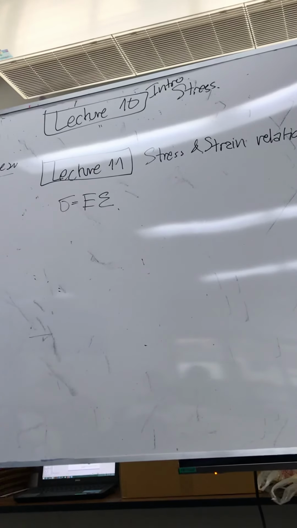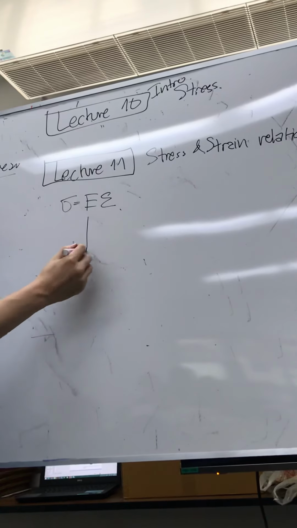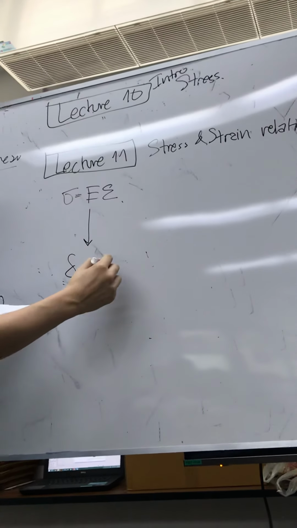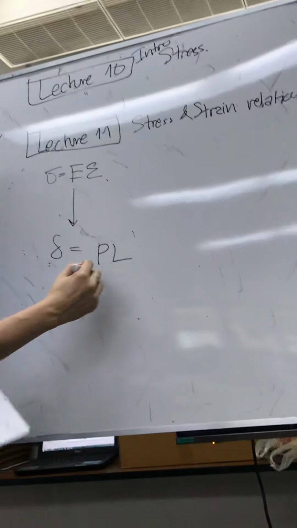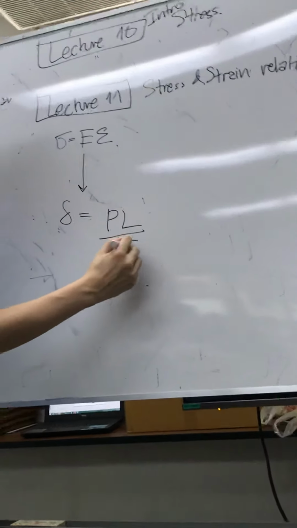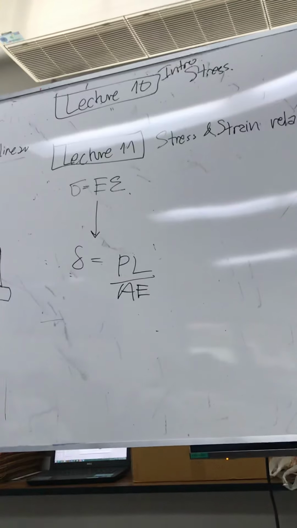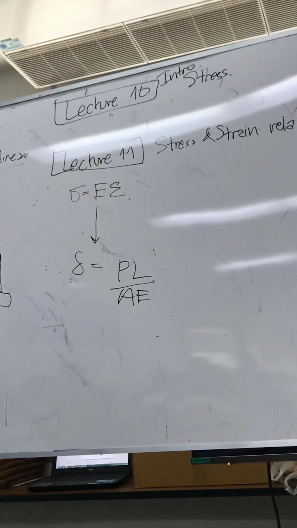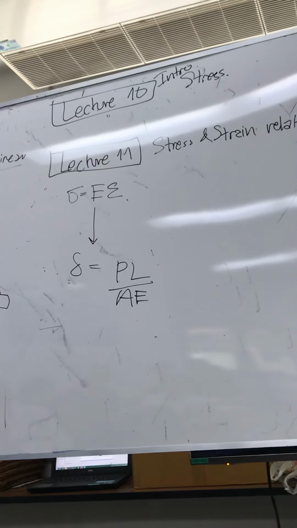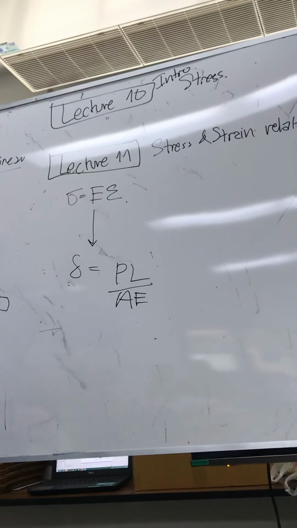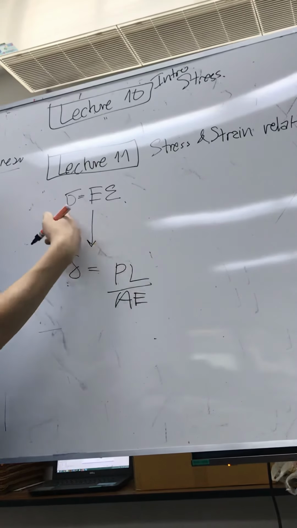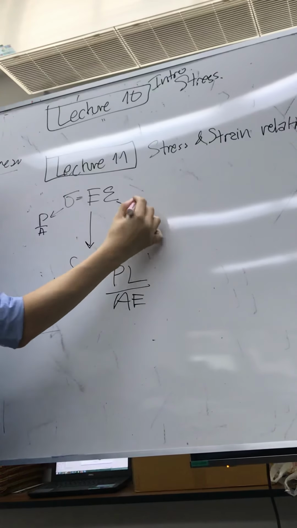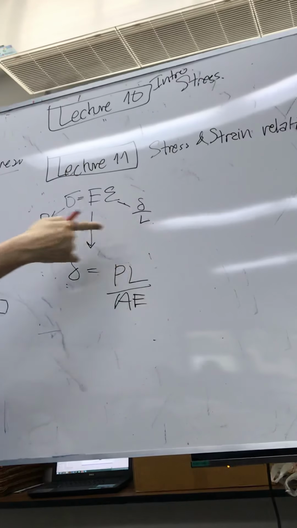Okay. And then equal to, but you know how this goes to this, right? The thing is, this one is P over A, and this one is delta over length, right?